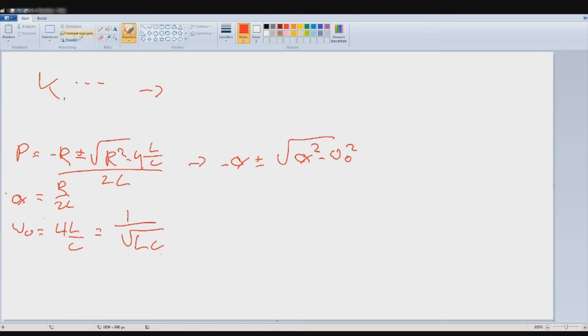Right, this is not right, because it's missing the 2L and the square, so this is right. It's just basically this part. You know this probably from the resonance frequency.